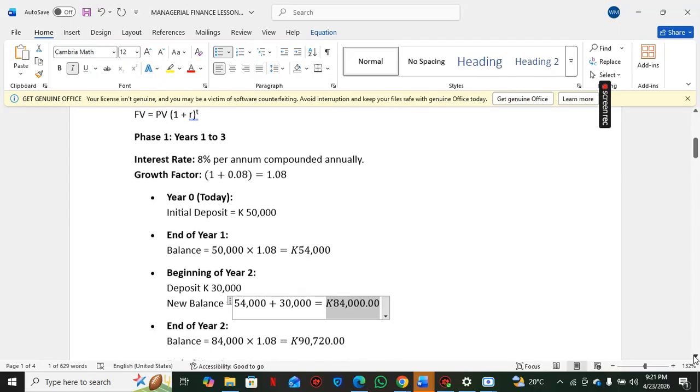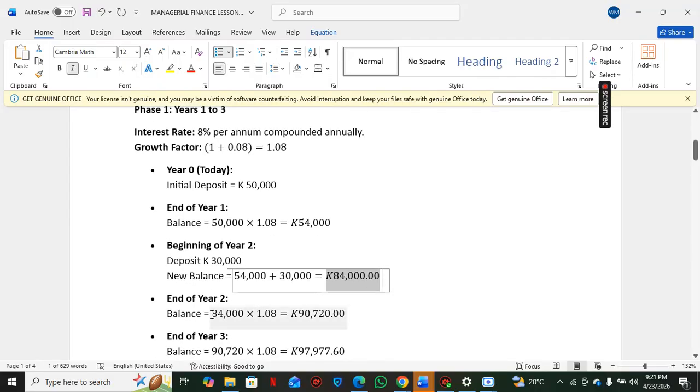So at the end of year two, you're going to say 84,000 multiplied by 1.08, and you're going to get 90,720 kwacha. Any questions so far?